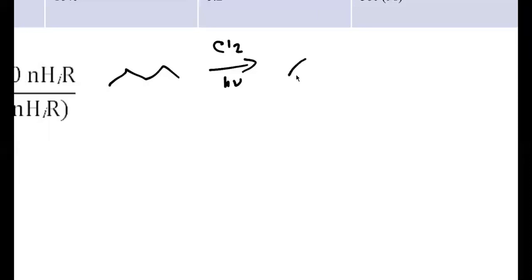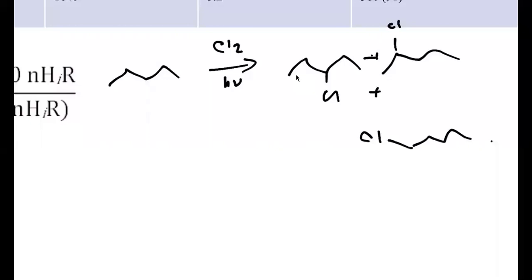All right, we get this product, and then plus that, and then plus that product. Let me fix that up a little better. All right, so those are my three products.